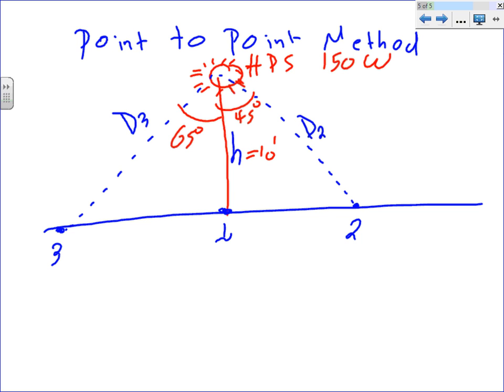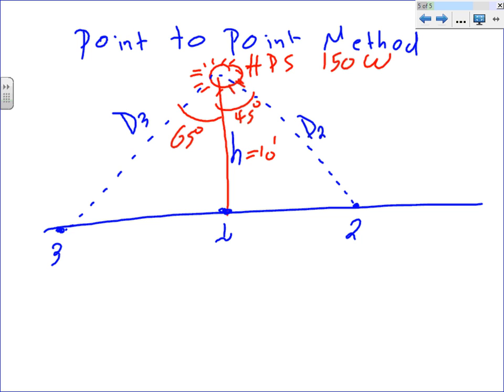You can find the distance from 1 to 2 with math and trig, but I really care less. I want to find the foot-candle right underneath the fixture, and the foot-candle at an angle of 45 degrees and at an angle of 65 degrees. Here are the two formulas, and I can prove them with trig if you want. But if you don't want me to get into trig, just take it from Chad and move on.